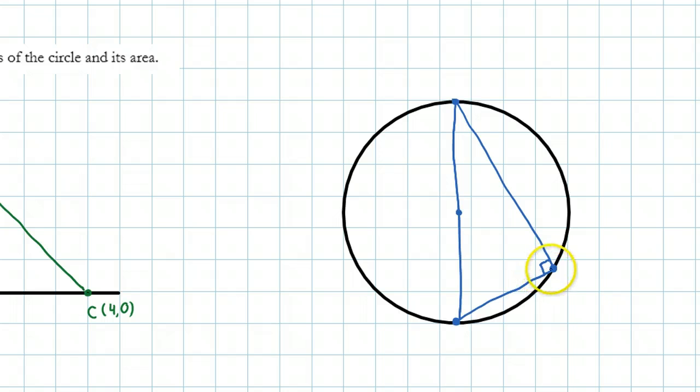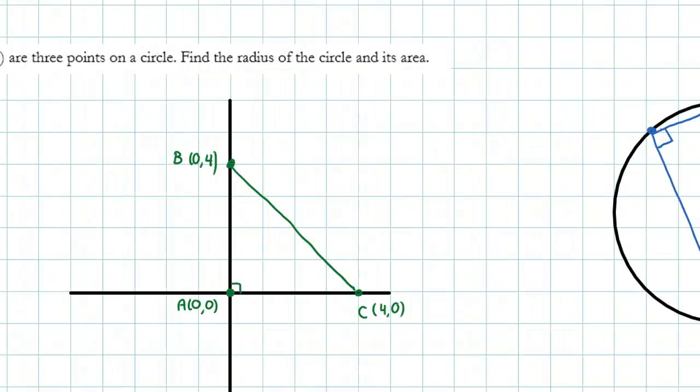So whether I put the point here, or I put the point here, the angle here will always be 90 degrees. And that's a law in the circle theorem which is really useful, and particularly is useful in this question.